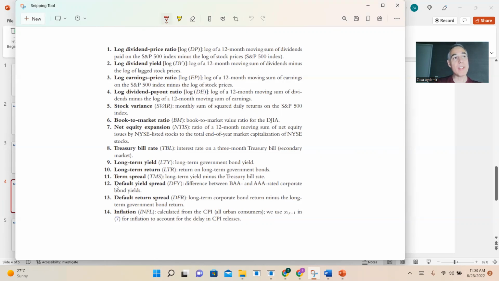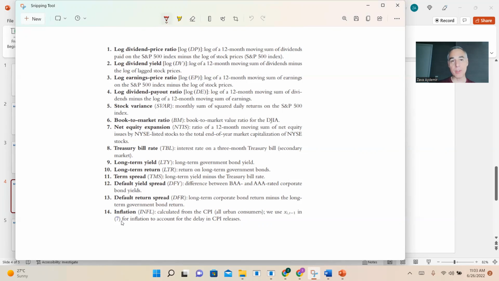Also, when there is some stress in the markets, even though your focus is on stocks, there is nothing wrong in also looking at, for example, the corporate bond sector. What are the investment grade spreads over high yield spreads, or what are the IG spreads over treasuries, and then also inflation.